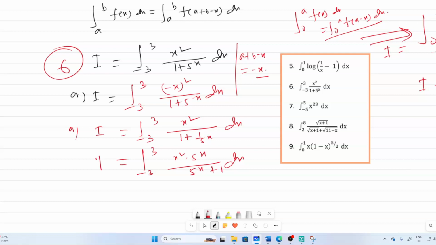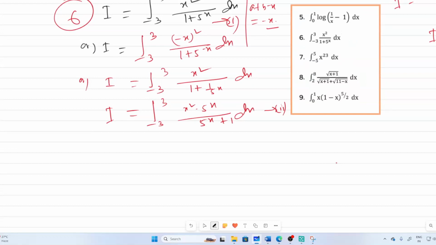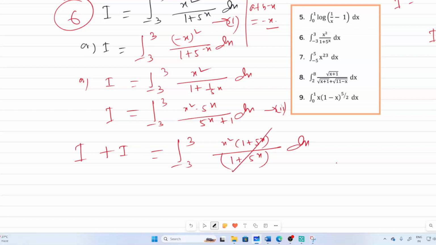This I and this I, you started with 1, now you have reached 2. You just add these two, I plus I, minus 3 to 3. See the denominator has the same value. Numerator x square, if you take common, these two get cancelled.